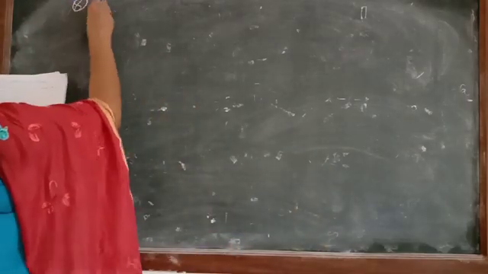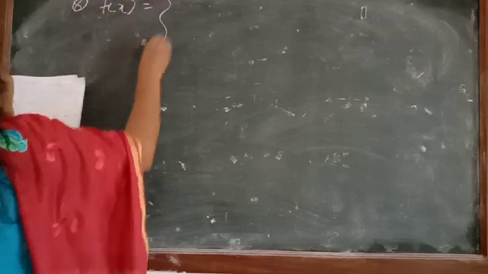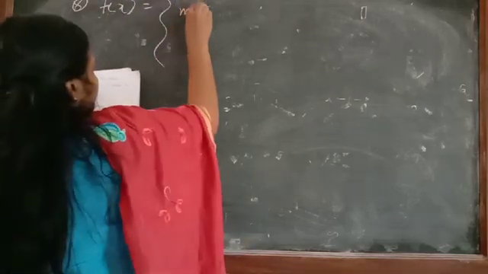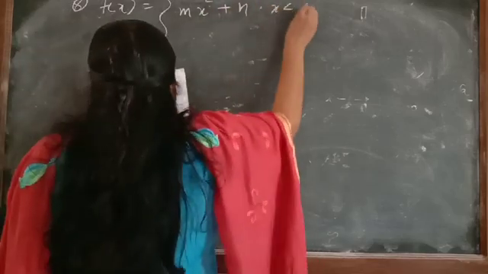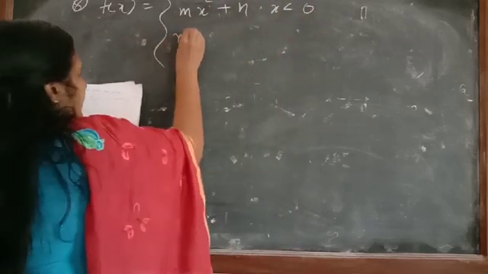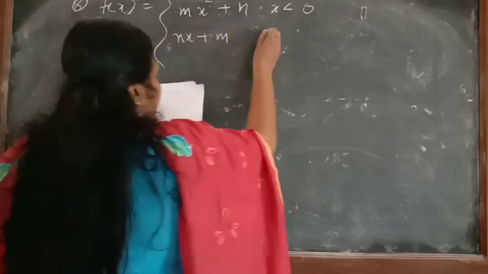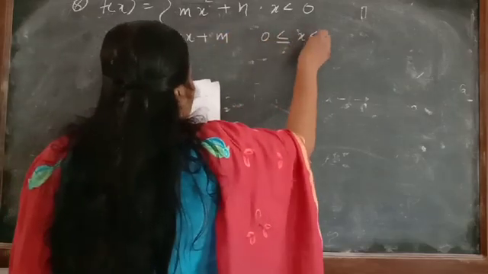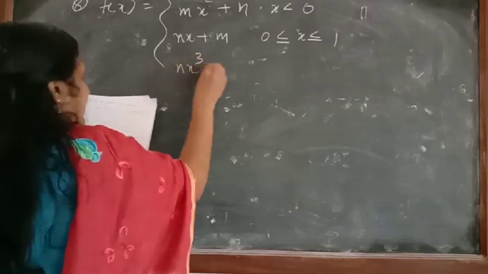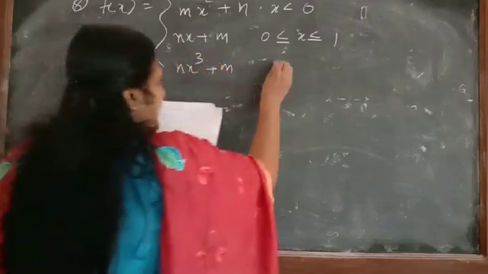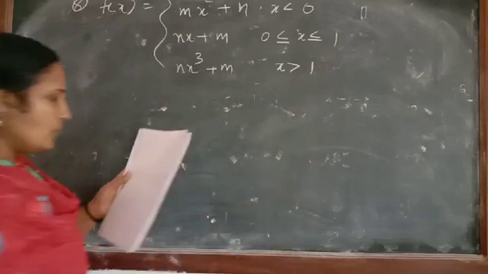Question number 8. In question number 8 it is given if f of x is equal to mx square plus n, if x less than 0, and x plus m, if 0 less than or equal to x less than or equal to 1, and it is equal to nx cube plus n if x greater than 1.